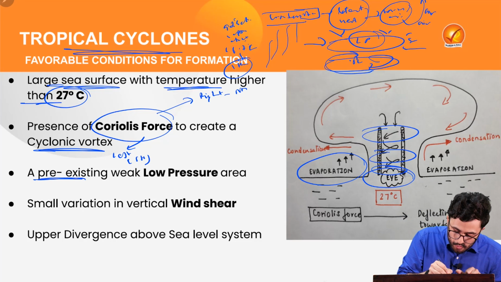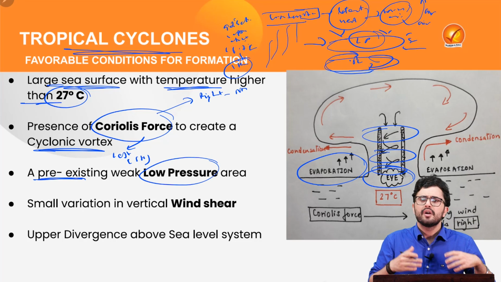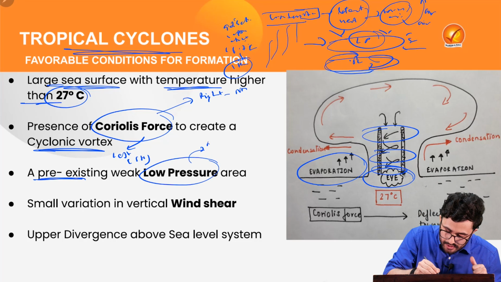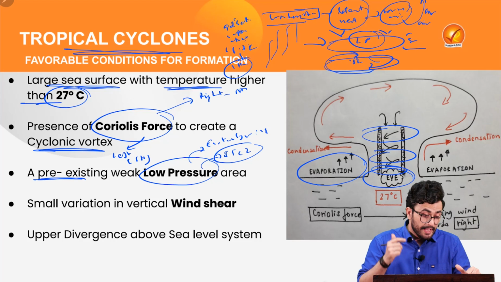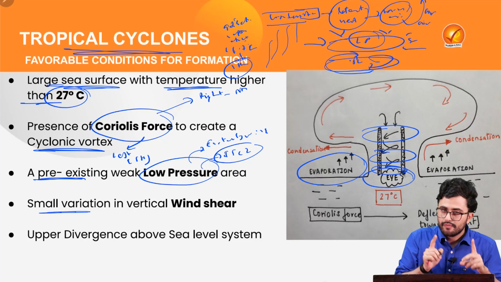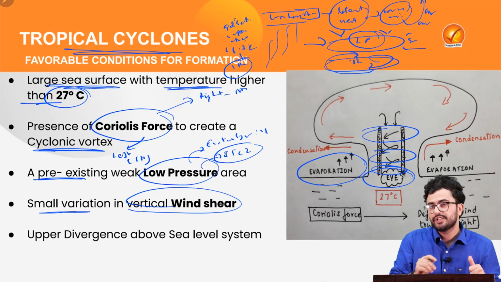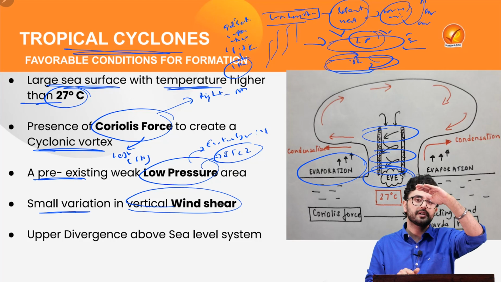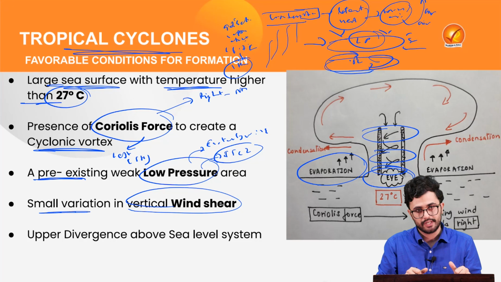Then there is also a requirement of a pre-existing weak low pressure area, which can be created through the disturbance of easterly winds or because of the formation of the intertropical convergence zone. Then there is a requirement of a small variation in the vertical wind shear, because if there is high vertical wind shear, then the air mass will be completely uplifted.